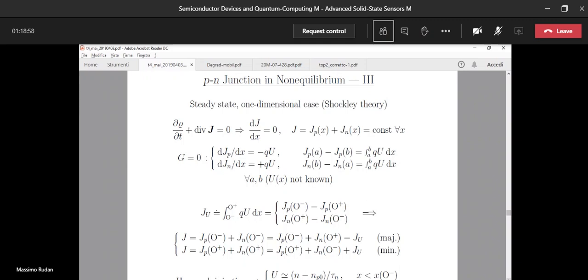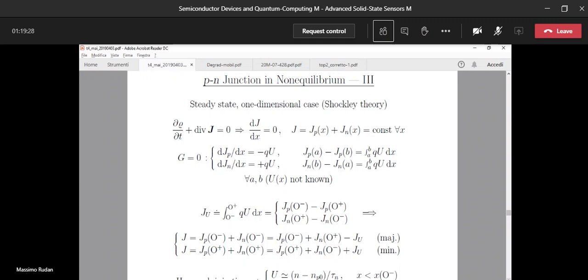Then, if you are also in the one-dimensional case, the divergence of J becomes the derivative of J with respect to x. And this is zero because of the continuity equation. So if the derivative of J with respect to x is zero, that means that J is a constant.